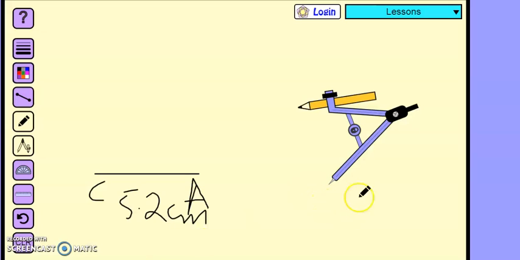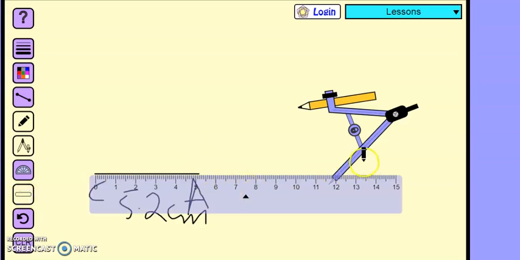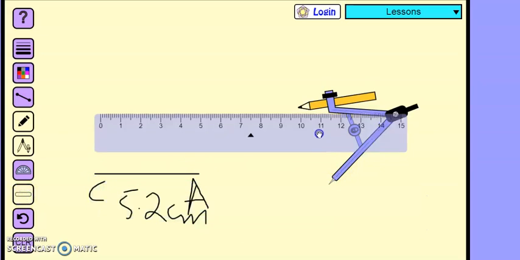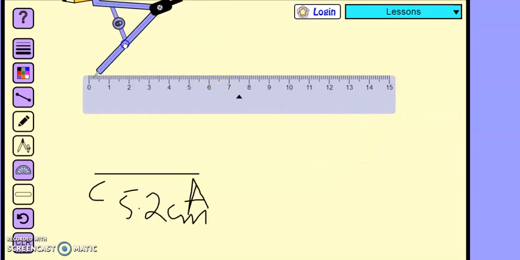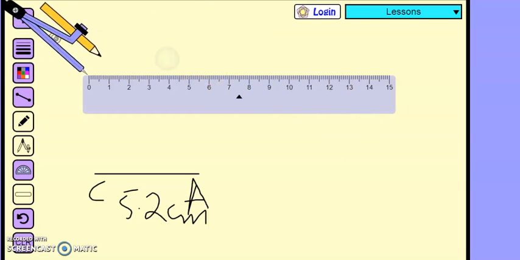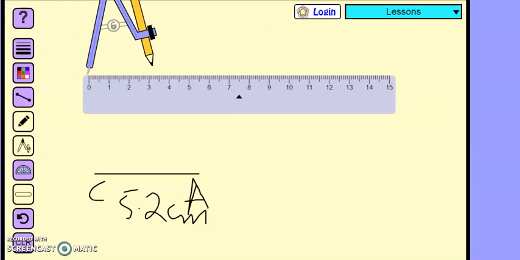Now it is given that BC is equal to 4.2 centimeter and AB is equal to 3.2 centimeter. So now using my compass, I will open my compass of radius using your ruler. Okay, using your ruler, you will place your compass needle starting from point 0, and you will open your compass of radius 3.2 centimeter like this. 3.2 centimeter.